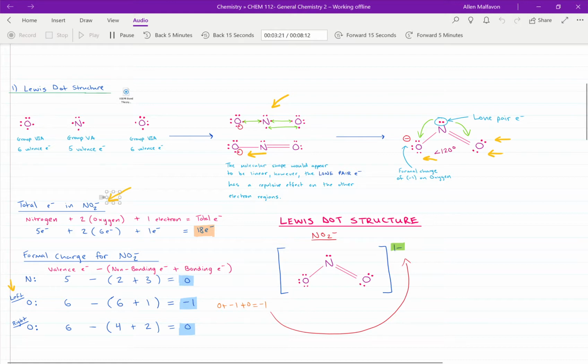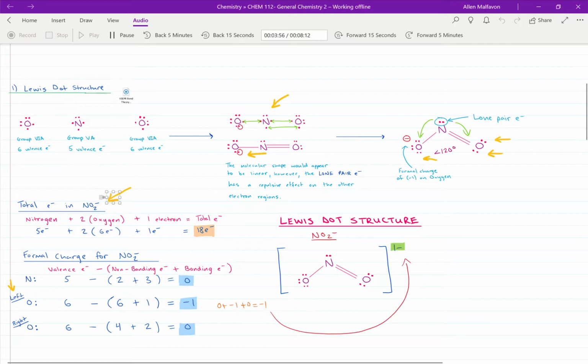So nitrogen will contribute 5 electrons, and since we have 2 oxygen atoms which have 6 valence electrons each, we will have the sum of 5 plus 12 plus 1 additional electron, bringing our total to 18 electrons available in the nitrite ion. And beneath the total charges, I have written the formal charges that occur in the ion.